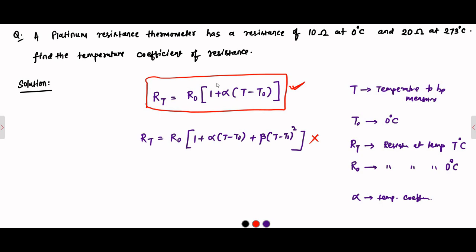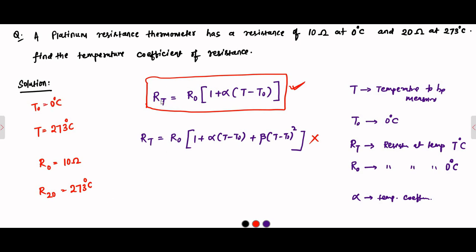So what is given? It has a resistance of 10 ohm at 0 degrees Celsius, so R0 is equal to 10 ohm. Then RT is at 273 degrees Celsius, so T is equal to 273 degrees Celsius, and T0 is equal to 0 degree Celsius.